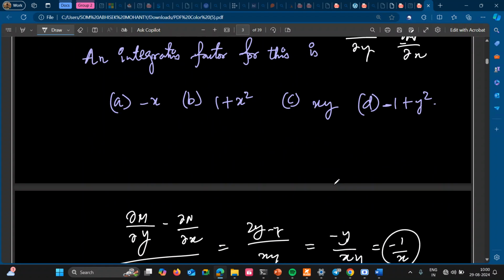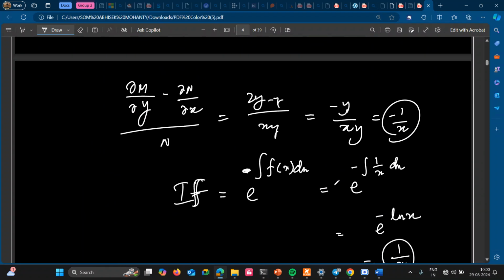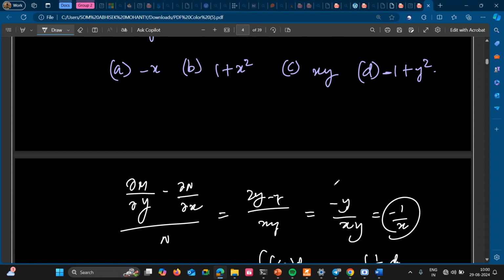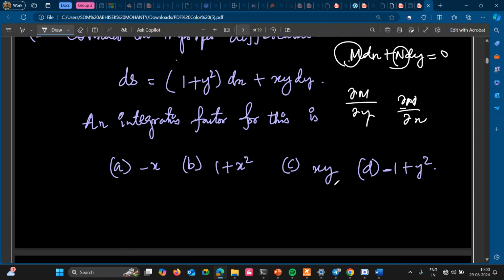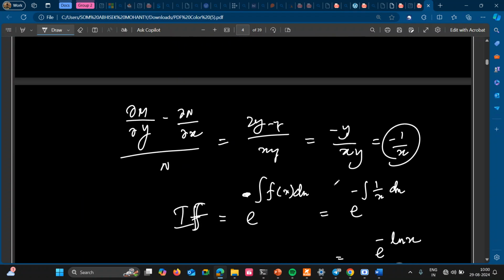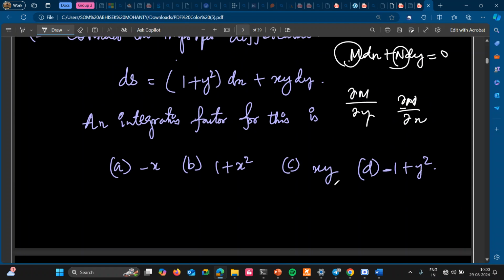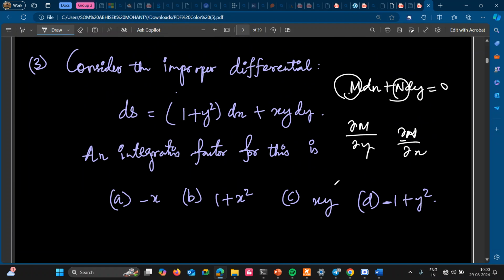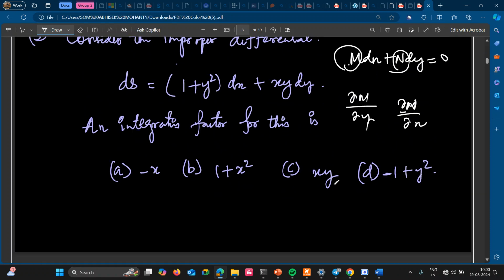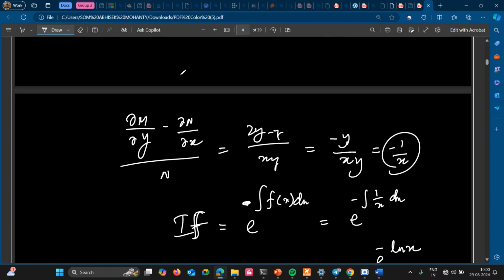Is it? No, it's wrong. The answer is wrong because it's not in the options. And thank God it's not in the options, otherwise I would have just ticked it. So I think this formula is wrong.